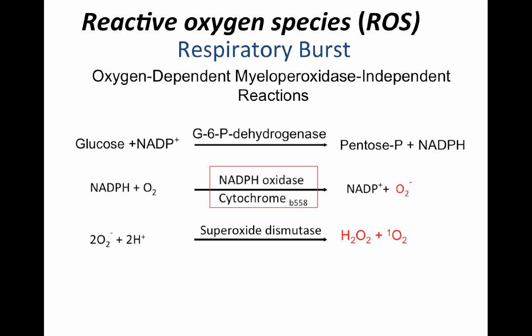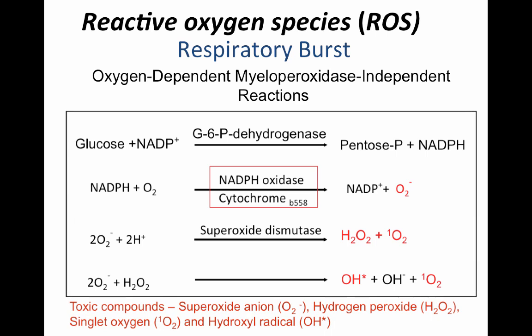This superoxide anion molecule is going to react with hydrogen, catalyzed by superoxide dismutase, to generate hydrogen peroxide and singlet oxygen. In addition, superoxide anion can react with hydrogen peroxide to produce the very potent hydroxyl radicals and singlet oxygen.